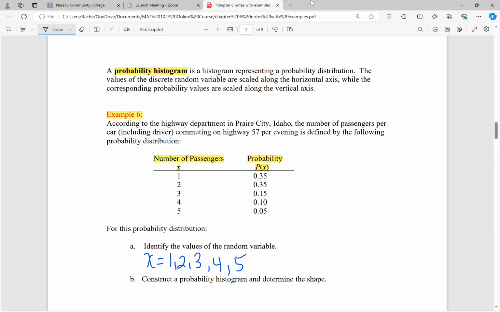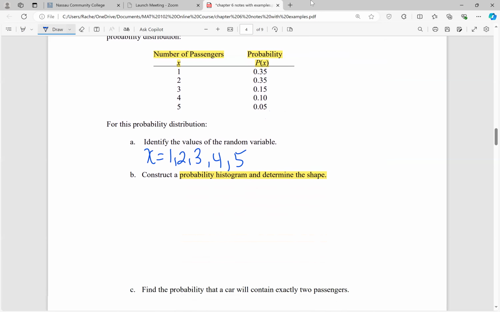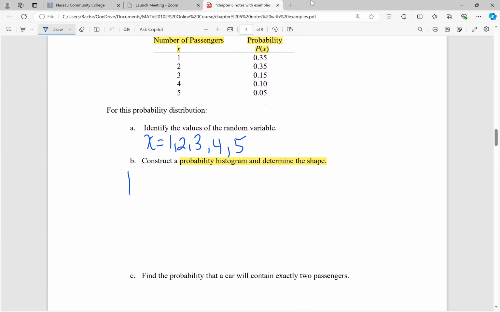So now let's introduce this histogram concept. Let's construct a probability histogram and determine the shape of this distribution. Remember, a graph is nice because it lets us see the shape of a distribution. We said we always have to have a vertical and a horizontal axis.